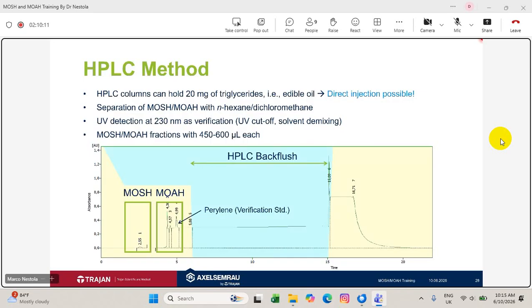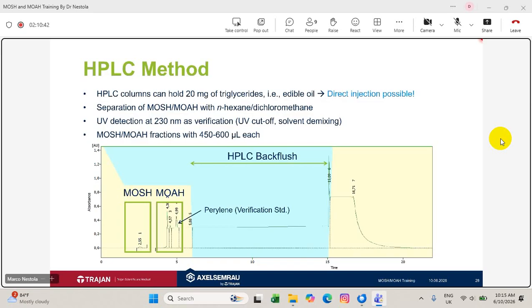The UV detector by itself is not needed for the quantitation, only for diagnostic cases. The 230 nanometers have the advantage that when you look at the height of the signals, the UV cutoff of dichloromethane is higher than 230 nanometers. For those not aware of HPLC, a UV cutoff is the lowest wavelength at which a UV detector is not showing the absorbance of the solvent.